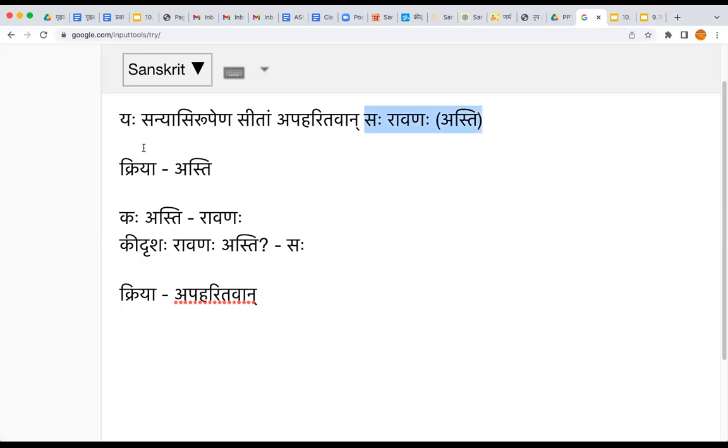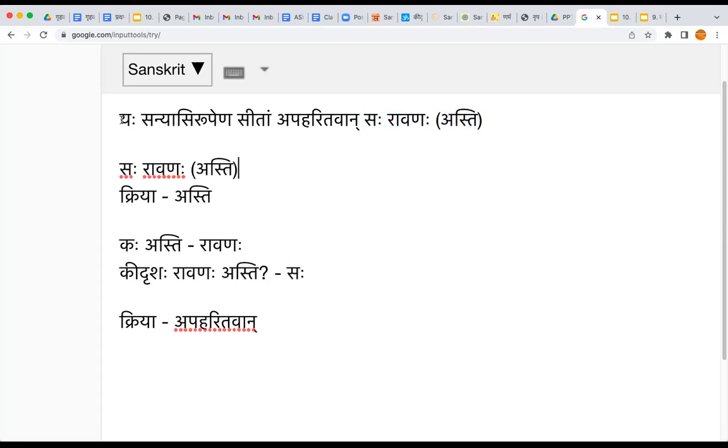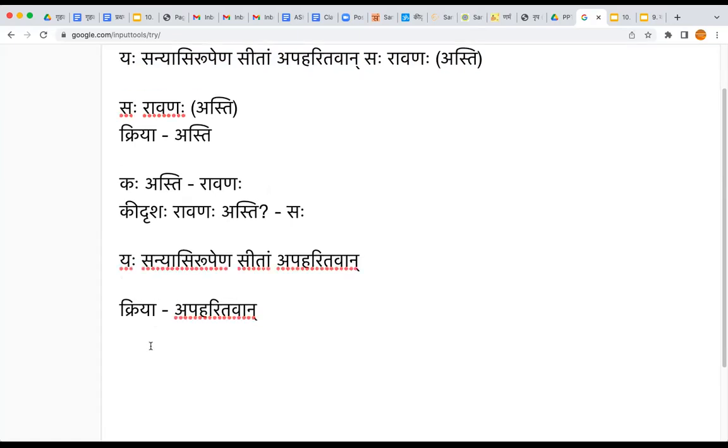Kaha Apaharitavan. Yaha Apaharitavan. Vada. Kaha Yaha Apaharitavan. Ki Karma padam. Kam Haritavan. Kam.